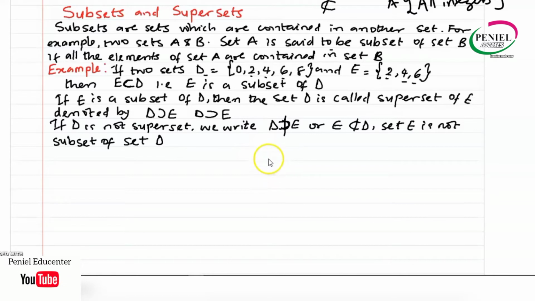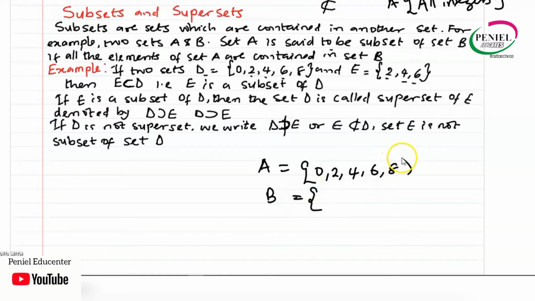Say we are given a set A to be {0, 2, 4, 6, 8}, and we are given B to be a set, don't forget the enclosing braces, {2, 4, 6}. So we can say that B is a subset of A. Why?